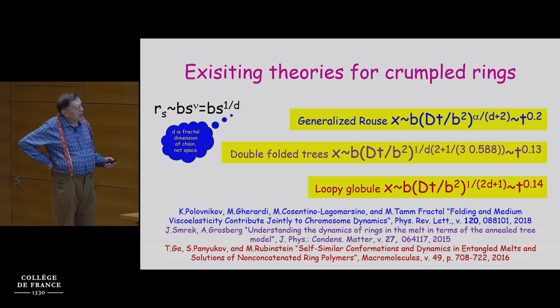The generalized Rao's model that I showed previously with d equals 3 will give you 0.2 for subdiffusion. The double-folded trees model that Jan Smrek and myself developed would give you much lower subdiffusion, t to the power 0.13. Michael Rubinstein and company's loopy globule will give you t to the 0.014. And you see, this is a big fight between these two.